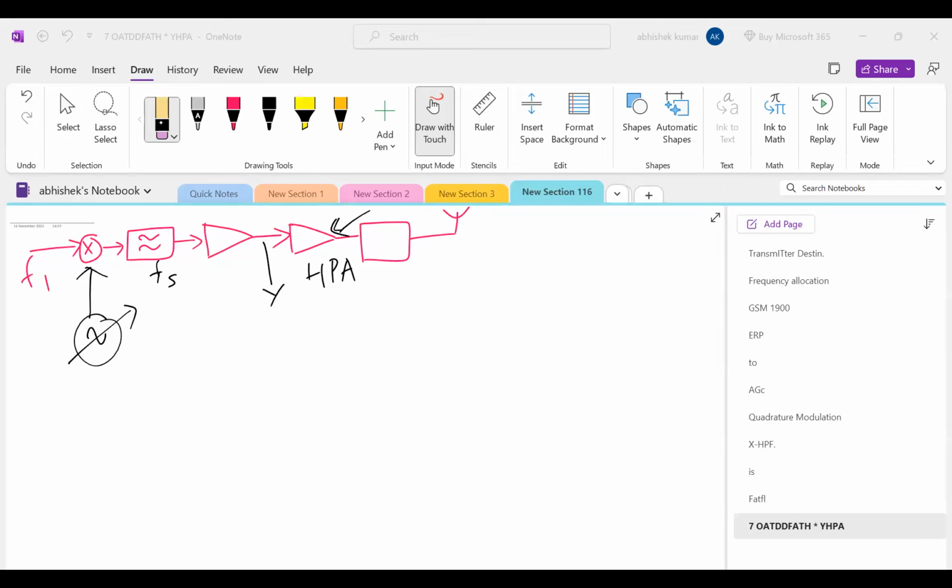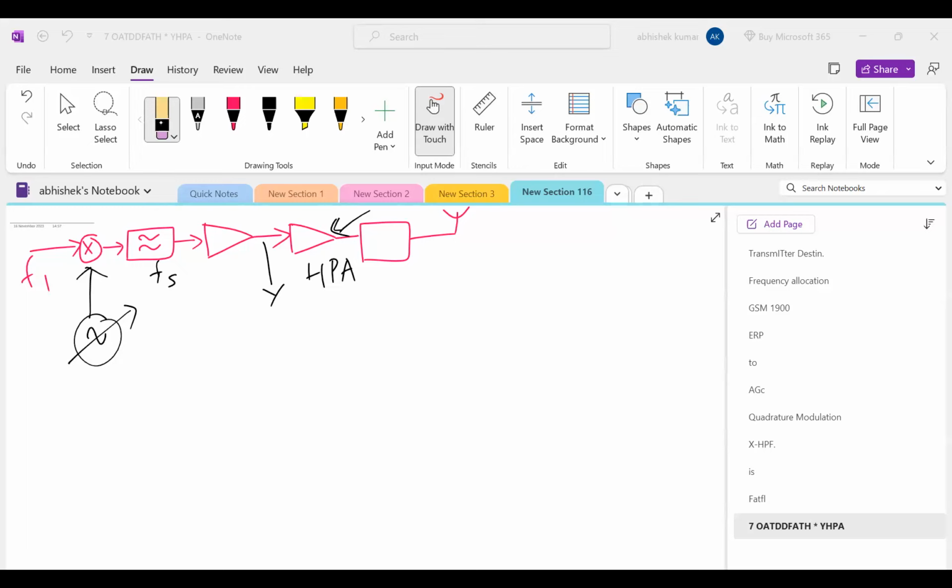We are multiplying with another oscillation frequency F2. We are multiplying F1 with F2, and we are getting Fs. And Fs is nothing but F1 plus F2, right?